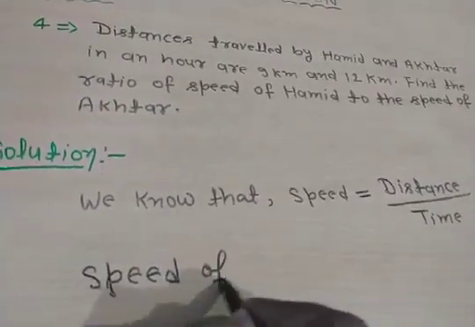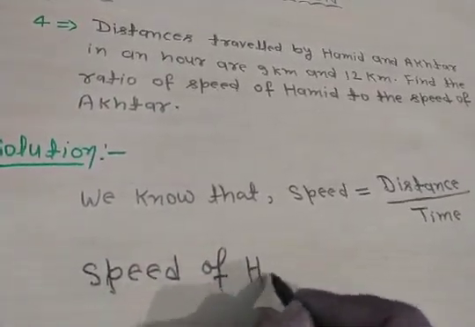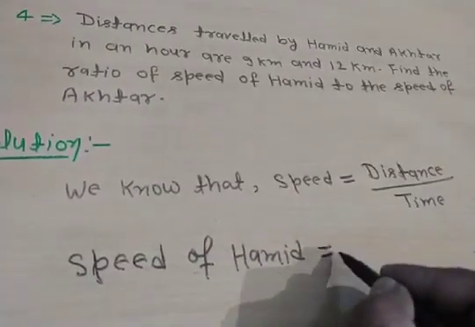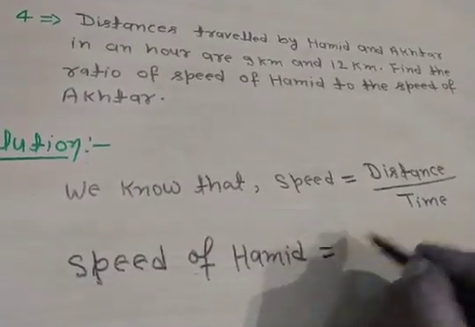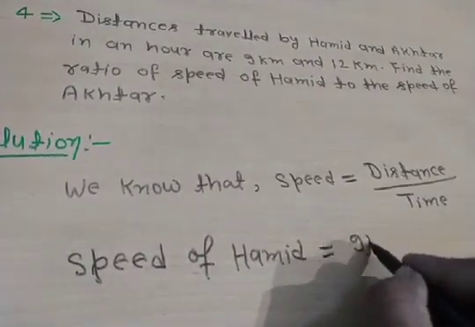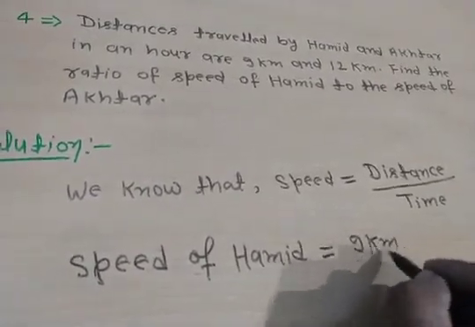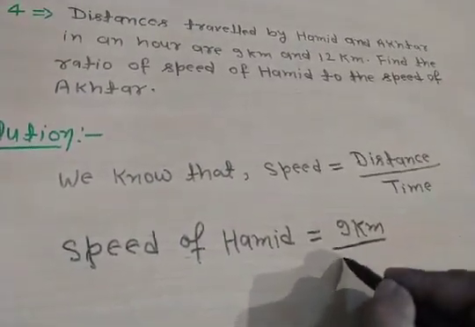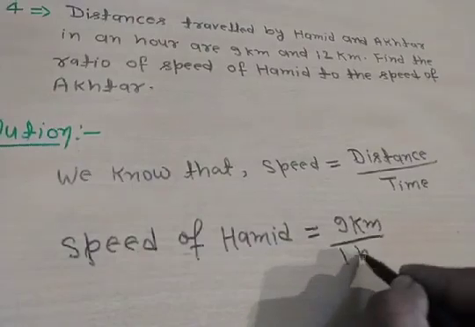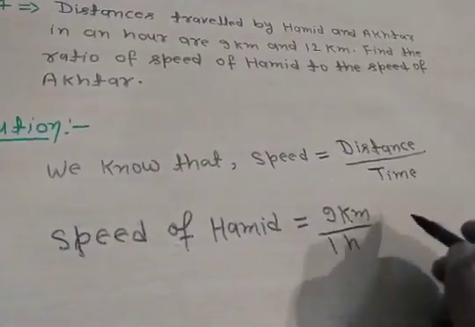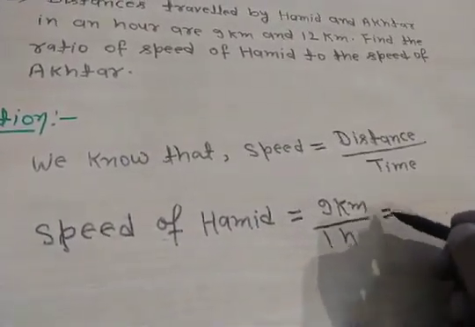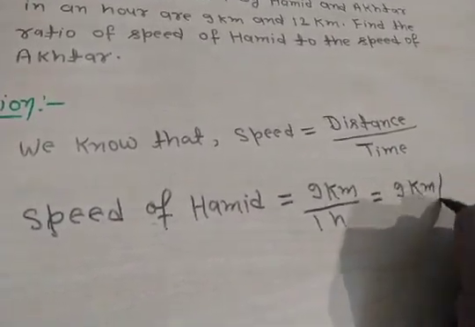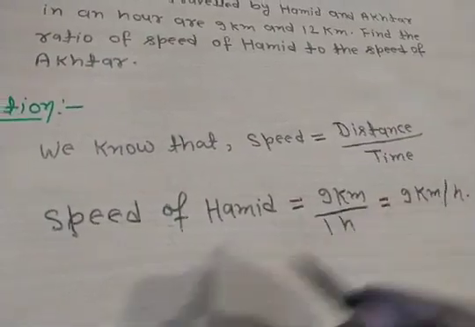Speed of Hamid is equal to the distance covered, 9 km, upon the time taken, 1 hour. 1 h means hour. So what is the speed? 9 km per hour. Clear?